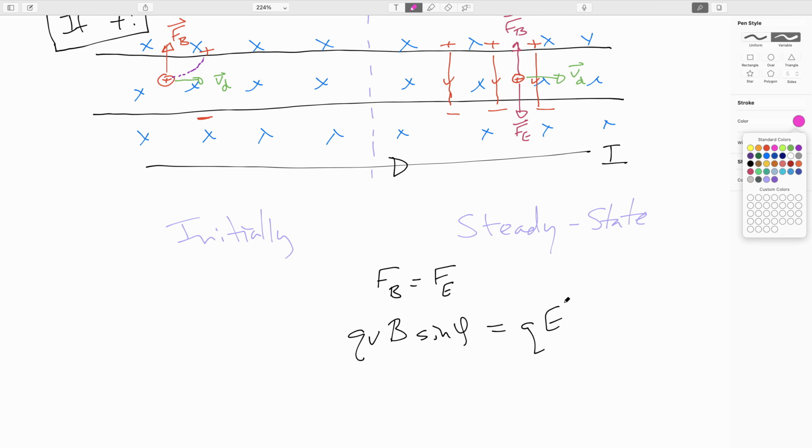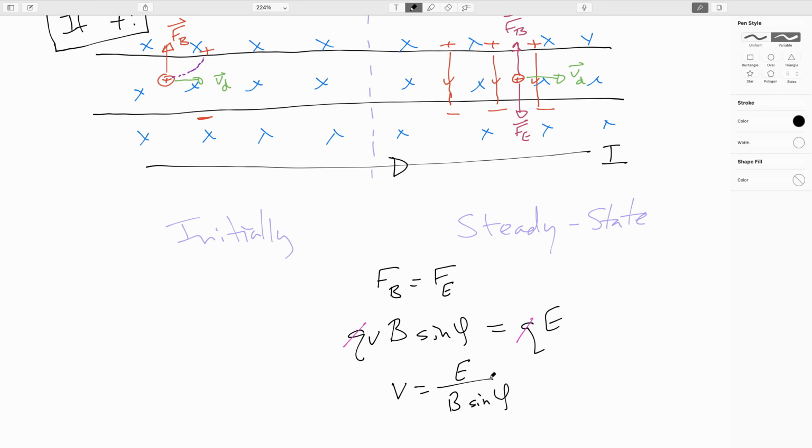The charges cancel, and we get that the speed of our particle is E over B sin φ. So particles will keep crashing into the wall here and leaving behind charges here and building up an electric field until such point as the electric field strength is this to perfectly balance it out.